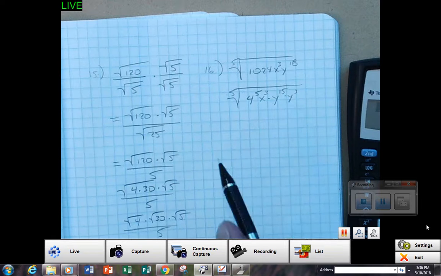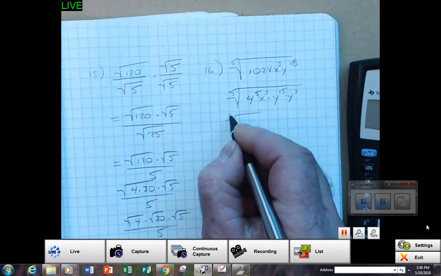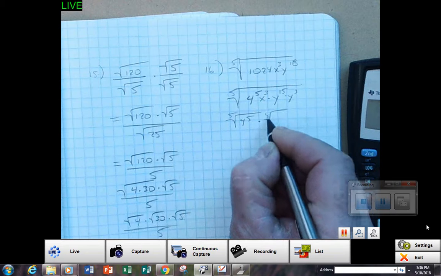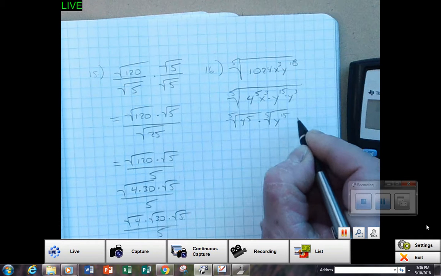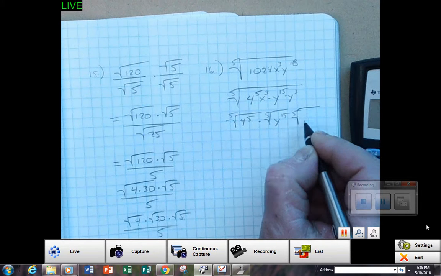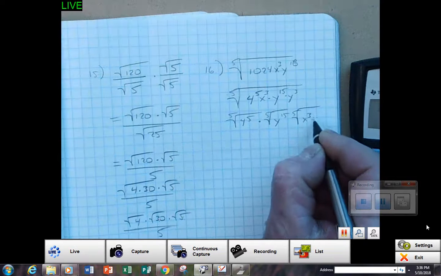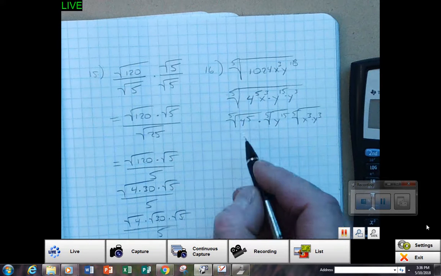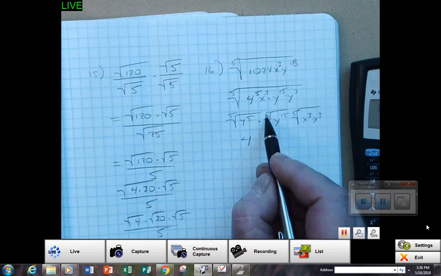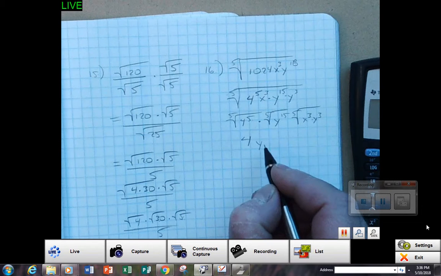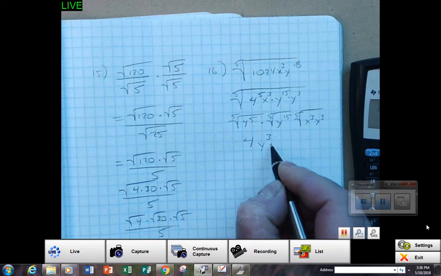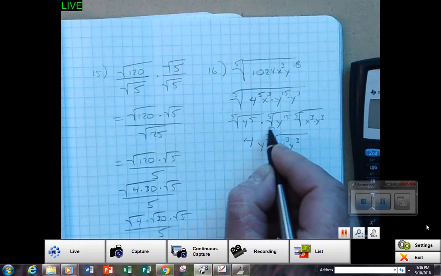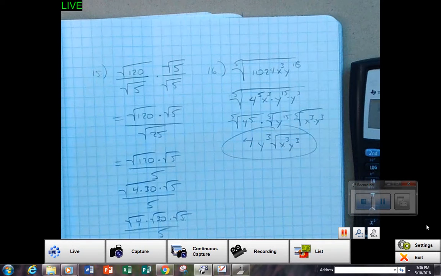So you get the fifth root of 4 to the fifth times the fifth root of y to the 15th times the fifth root of x to the third times y to the third, because you can't do anything with them. These cancel away and give you 4. These divide out and give you y to the third, and then I just leave those alone underneath the radical. So those radical ones are pretty complicated.